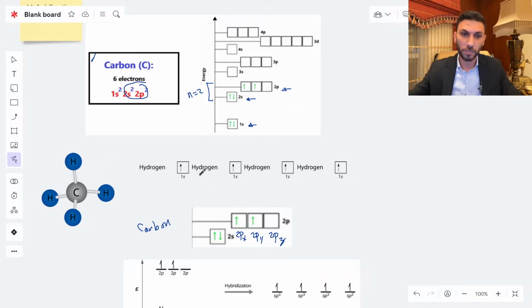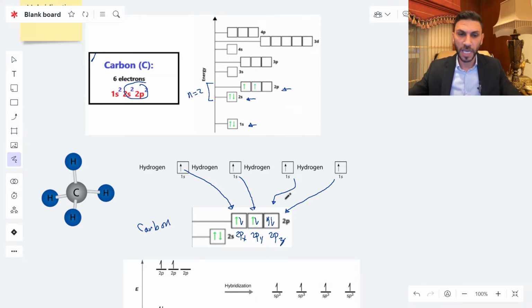So we have 1 electron from the hydrogen that will go here to 2px, and we have 1 electron from the other hydrogen to 2px. So now we have 2 electrons. And then this orbital is empty, so we have 1 electron from this hydrogen and 1 electron from the last hydrogen with an opposite spin.